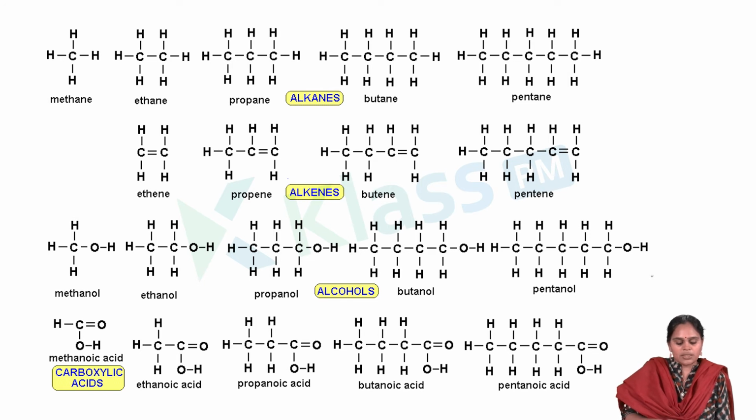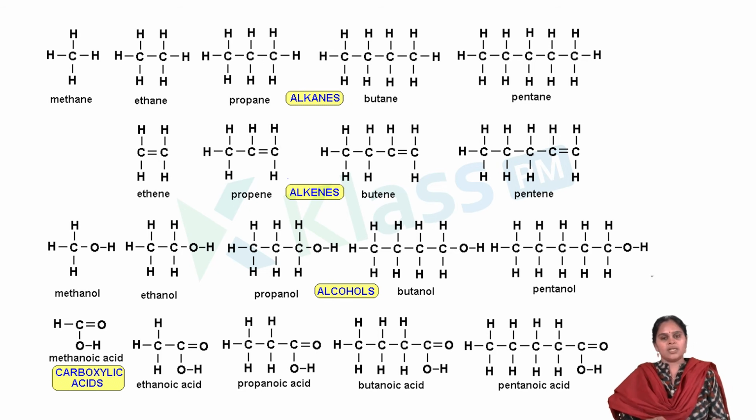See here, alcohols are there. Alcohol means an OH group should be added. One carbon with OH is methanol. -ol should be added as a suffix. Ethanol, propanol, butanol, pentanol. This is how we have to name the alcohols. See for carboxylic acids, one double bond with O and OH is there. Like this, carboxylic acid will be there.